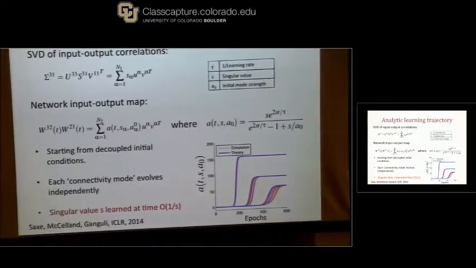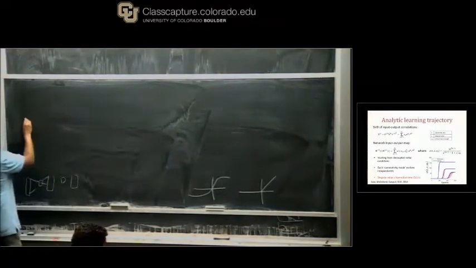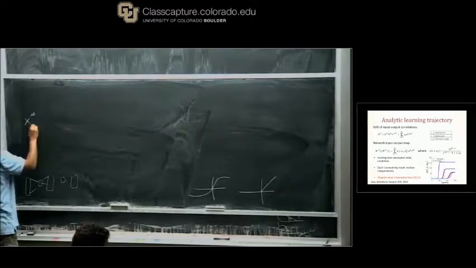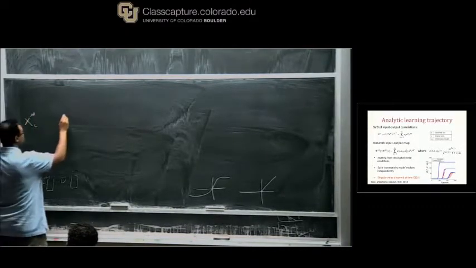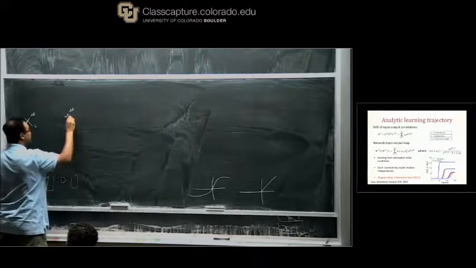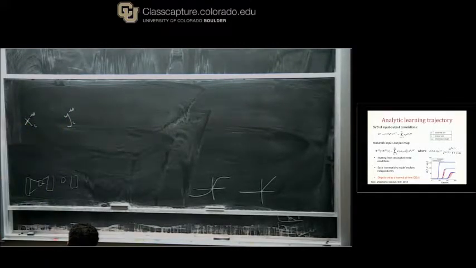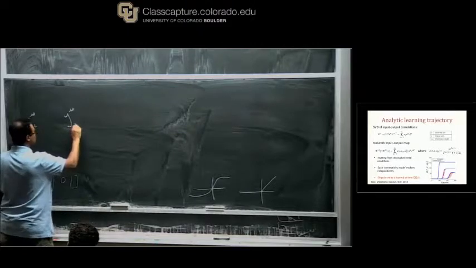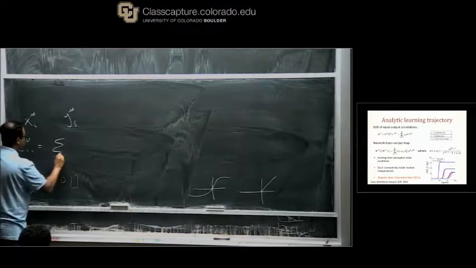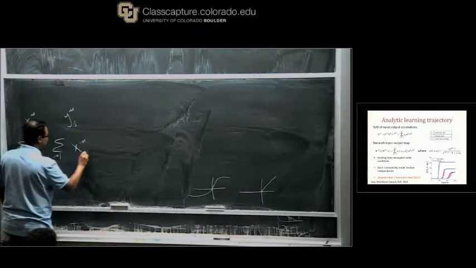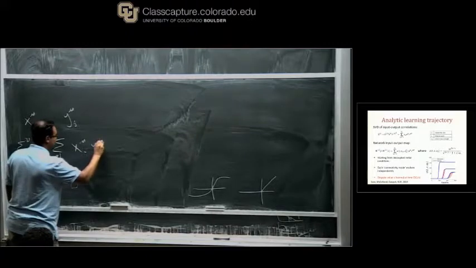I should be a bit more explicit. So I have the training data, x mu i, which is the activity of the ith neuron in the muth input. I have the desired output, y mu j, where j is in the output layer. And sigma 31 ij is just the sum over mu of x mu i, y mu j.